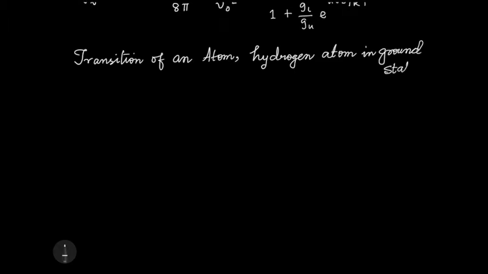The ground state hydrogen atom is often denoted by H and then the suffix Roman 1.